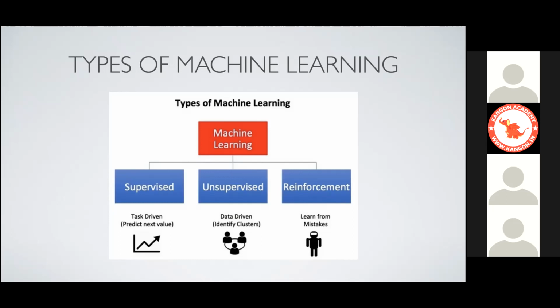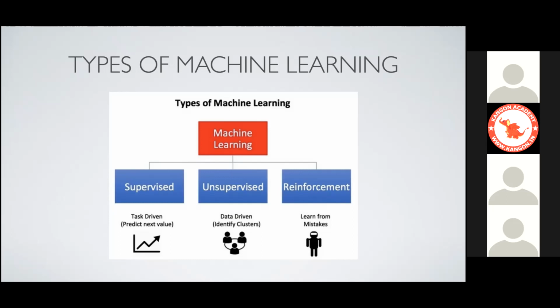So in supervised learning, there is a task defined. We want this task and we design our data in that way only, so that the data will satisfy that task. In unsupervised learning, we try to find out whatever pattern we can find in our data, whatever the data is. Suppose there are some values like 1, 2, 3, 4, 5, 6, 7, 8, 9, 10.